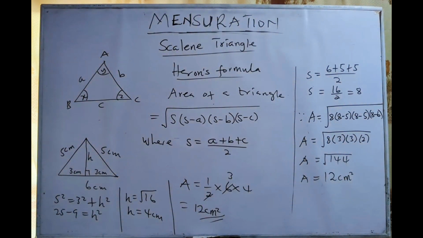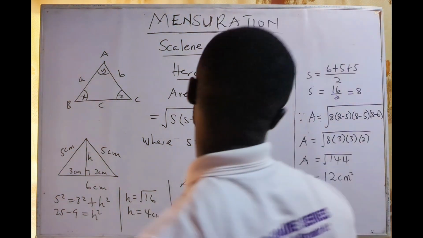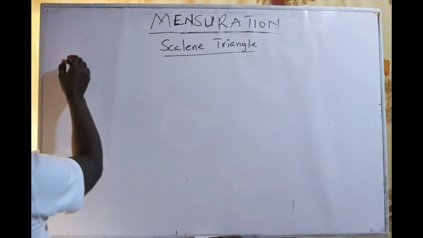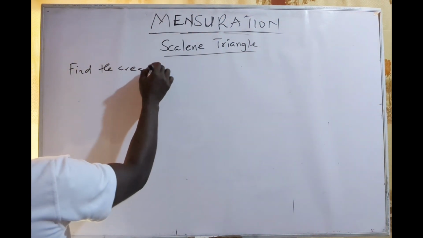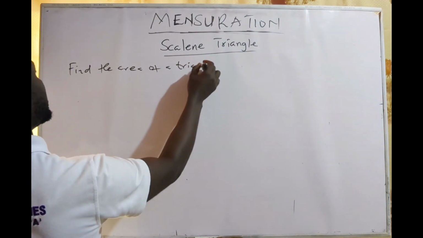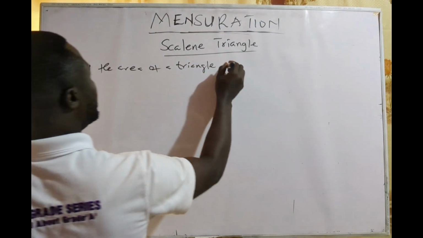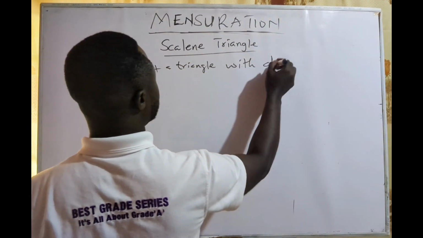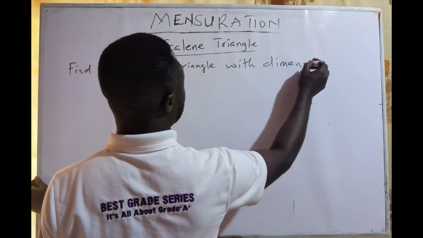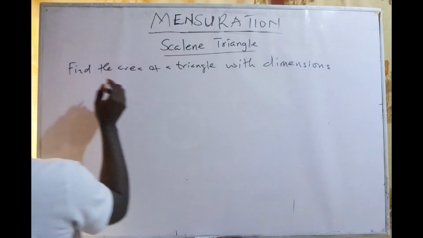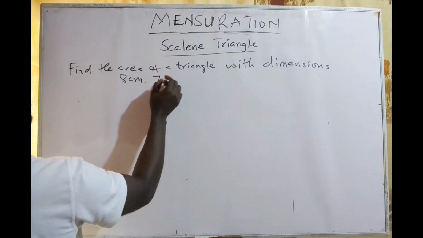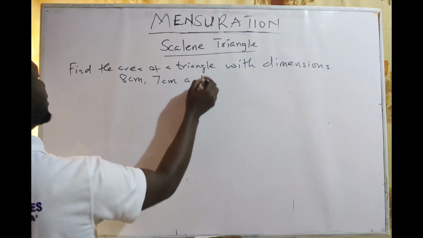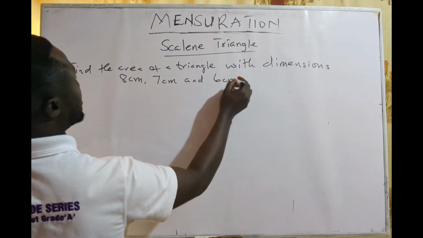You see? You have been able to use Heron's formula to get the same answer. Now find the area of a triangle with dimensions 8 centimeters, 7 centimeters, and 6 centimeters.